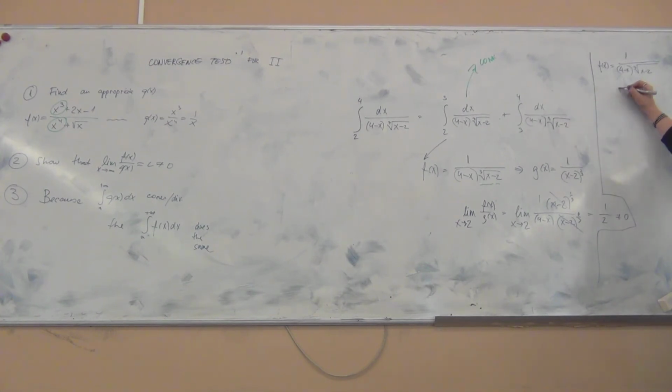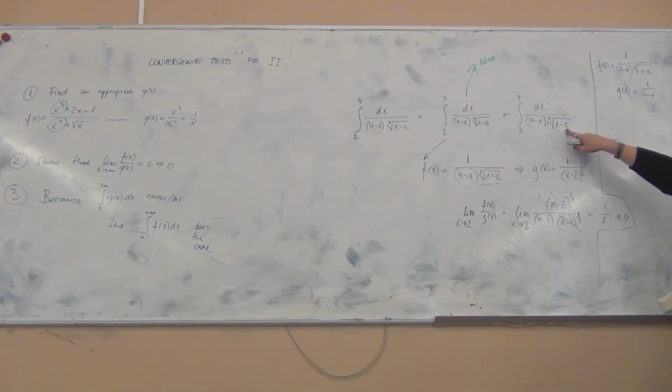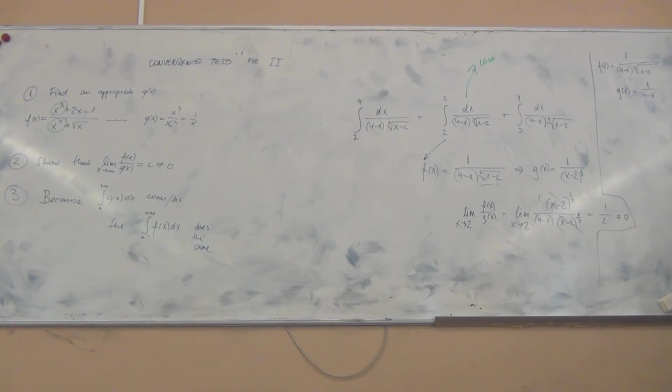And therefore, for the g function, we only choose the dangerous factor, 1 over 4 minus x. Because this will never be 0 in this segment, so it's not dangerous at all. We are only looking for the dangerous factors. And in type 1, the dangerous factor was x itself, x powers. Here, the dangerous factors are x minus boundary powers. Only dangerous powers need to be considered.